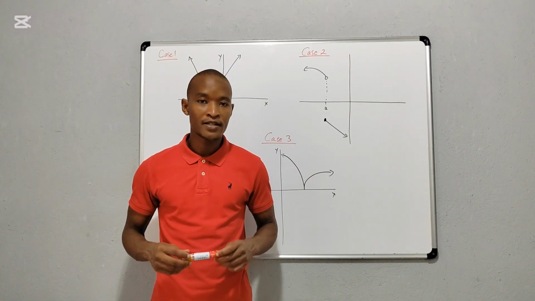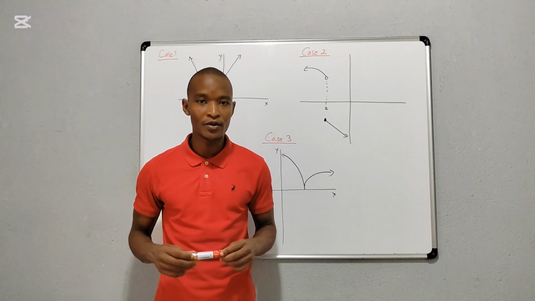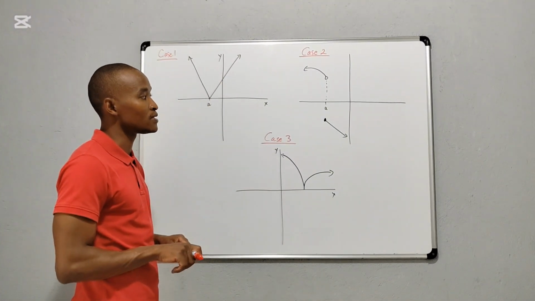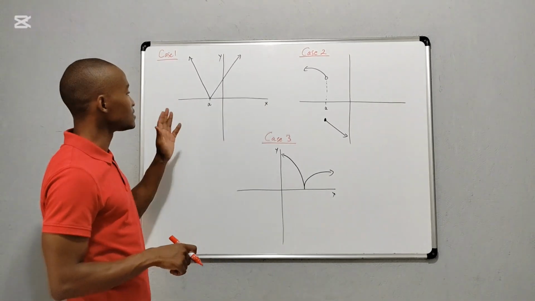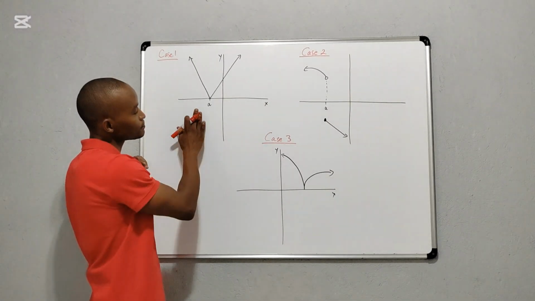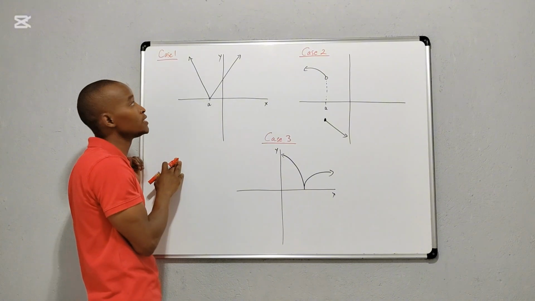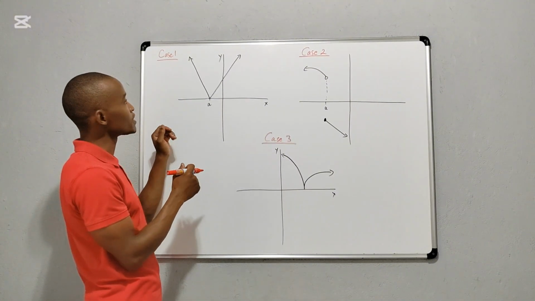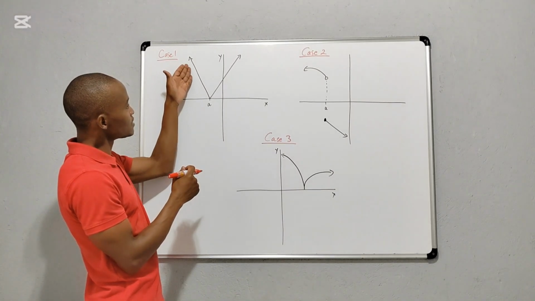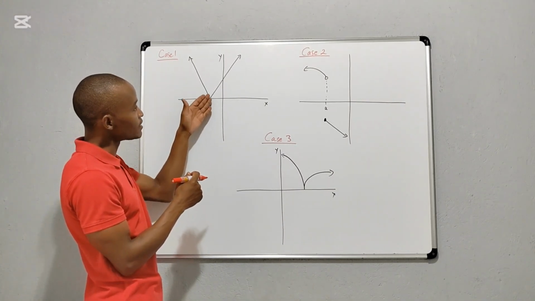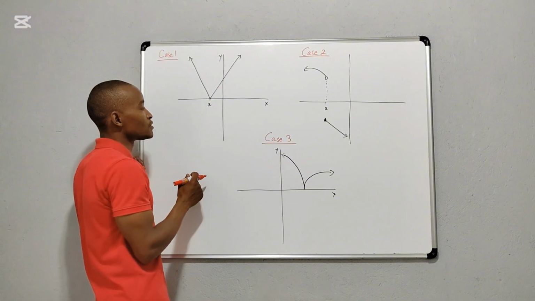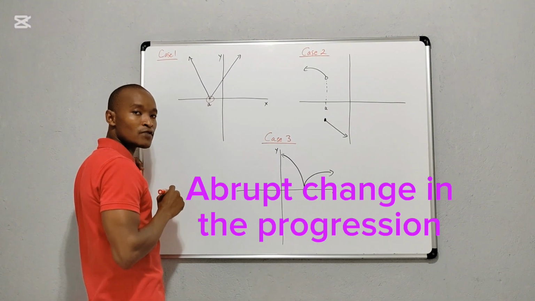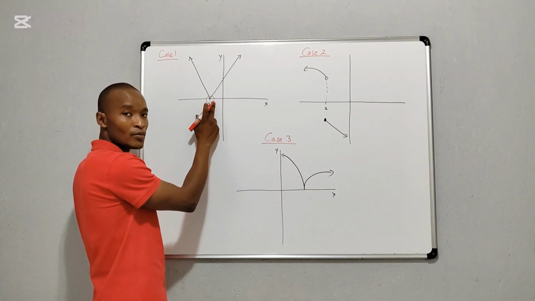So when will a function fail to be differentiable? I have 3 cases to help us understand those different situations, and let's deal with the first one. Case 1. So here's an absolute value function, and from left to right, if we track the behavior of this function, we can see that it is decreasing, and it's increasing after point A. Now, this point is where we want to test for differentiability, but this is not a turning point.